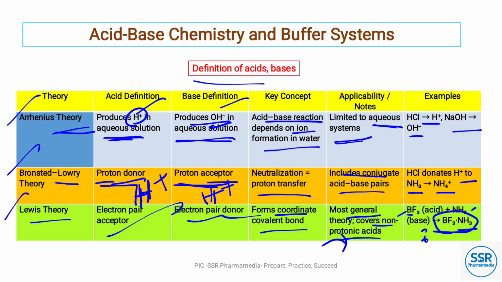So this is called Lewis theory. A base donates the electron pair, and an acid accepts the electron pair. Due to that, complex formation takes place, according to Lewis theory.